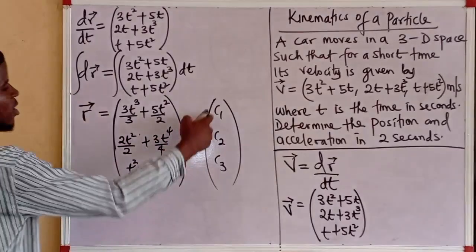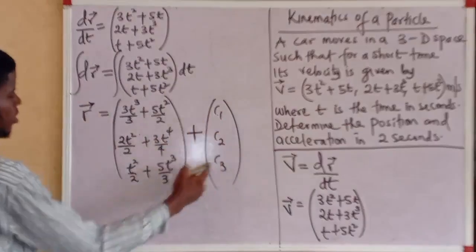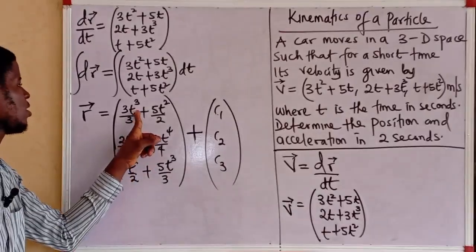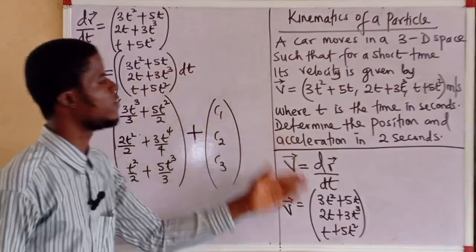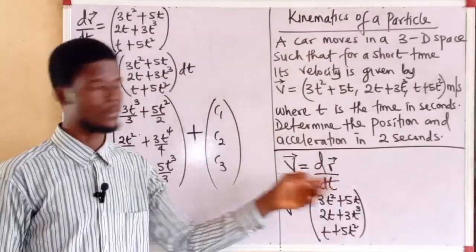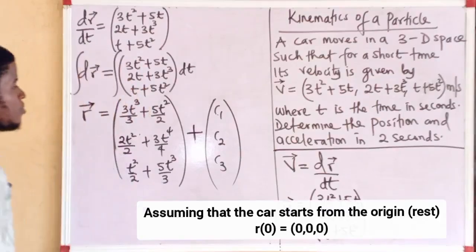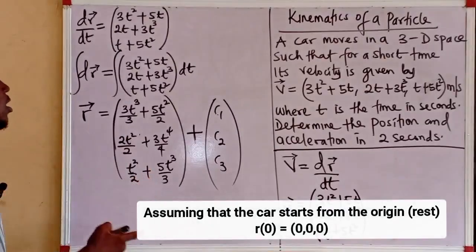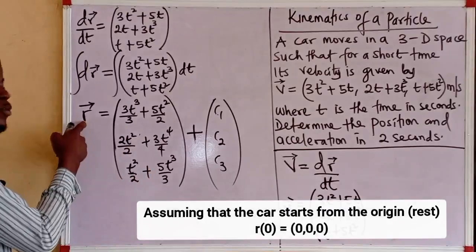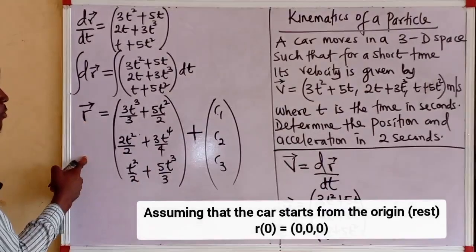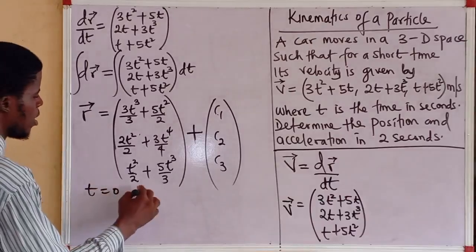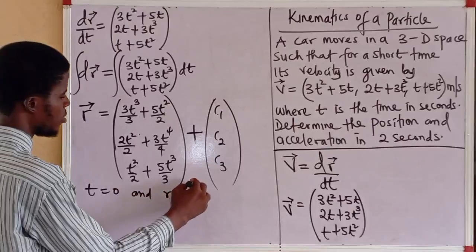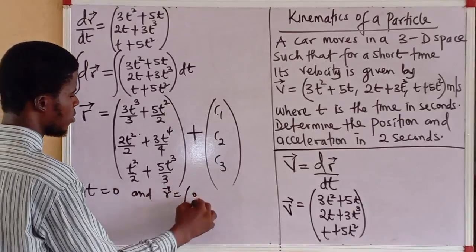To determine the constants c1, c2, and c3, we need a value for t and a position vector. Since the question didn't give us an initial condition, what we do here is to assume that t is equal to 0 and the position vector is also 0, 0, 0.